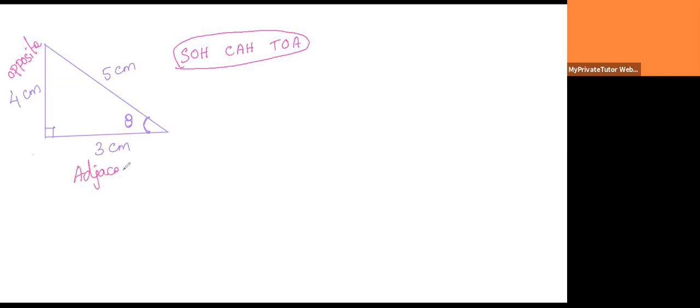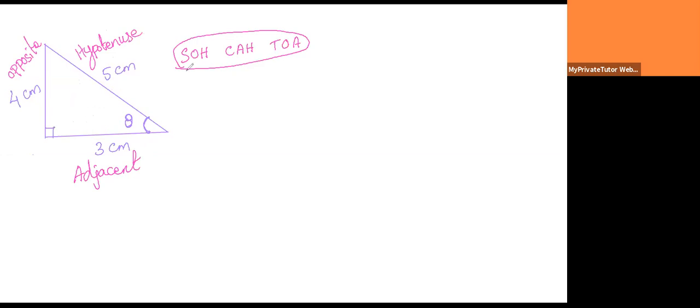And the longest side is always called the hypotenuse side, which is the side opposite to the right angle, the diagonal side.